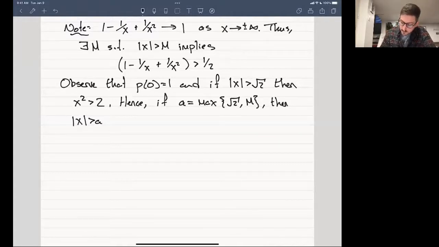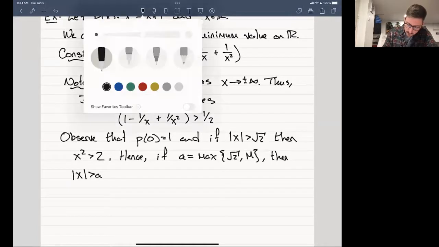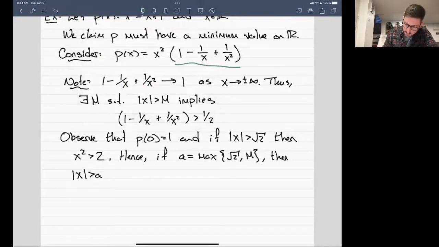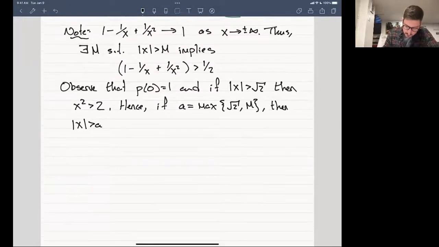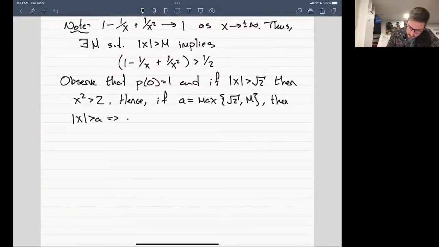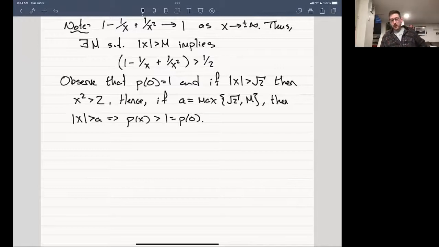And because x is larger than or equal to capital M, the second factor in our p of x expression is bigger than 1/2. So that tells us that p of x is greater than 2 times 1/2, which is equal to p of 0. So, as long as we look outside of that interval, we have bigger values than p of 0.